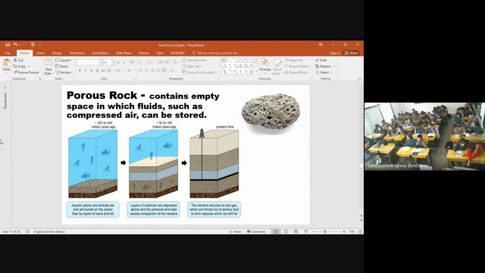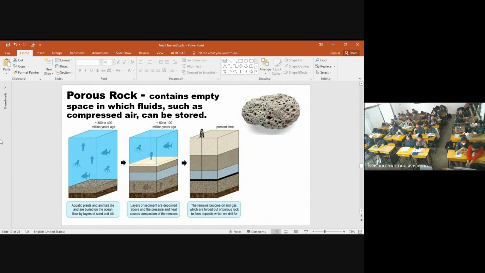Okay, so this is your porous rock. That means it has empty space in which fluids such as compressed air can be stored. So this is the example. From 300 to 400 million years ago, this is what you see in the ocean.